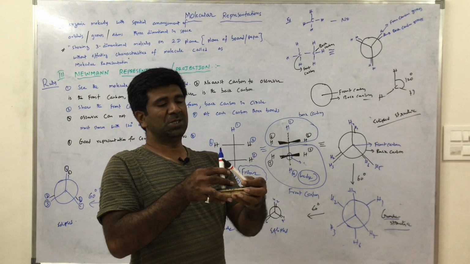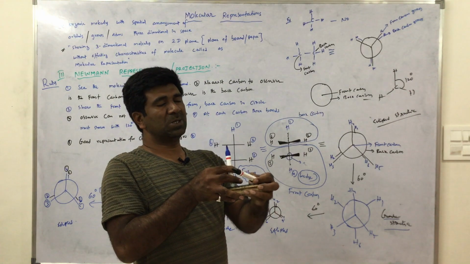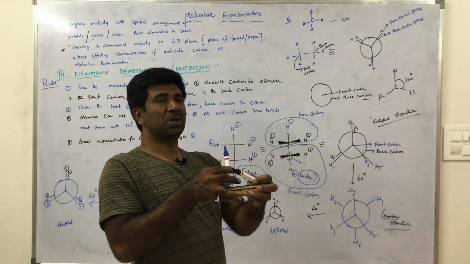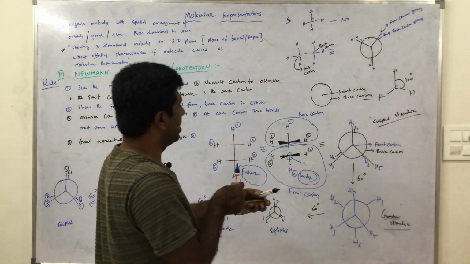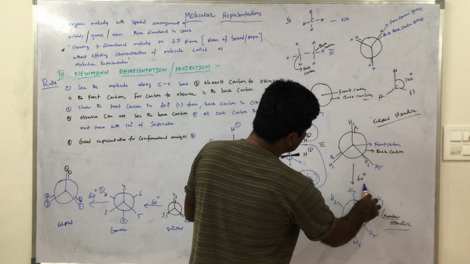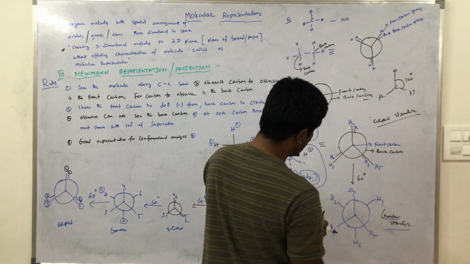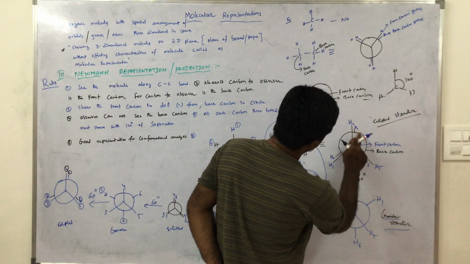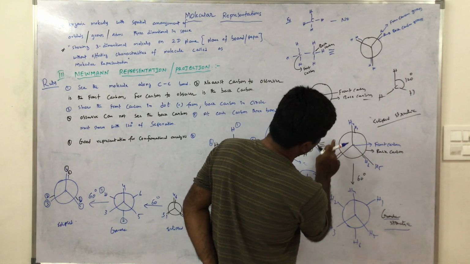At 120 degrees the same structure is formed. Again at 180 degrees, gauche; again eclipsed is formed. Now 60 degrees: H1 moves here, H6 moves here, H2 moves here.